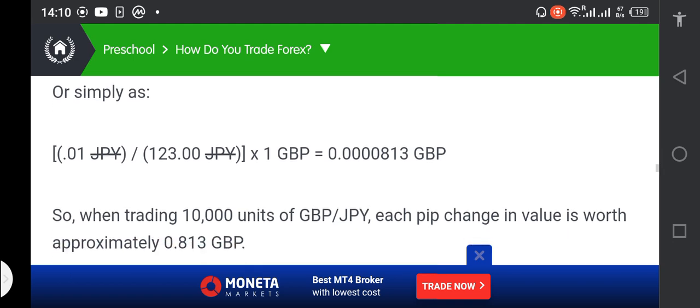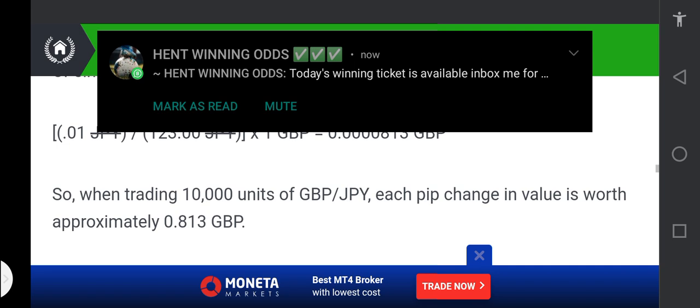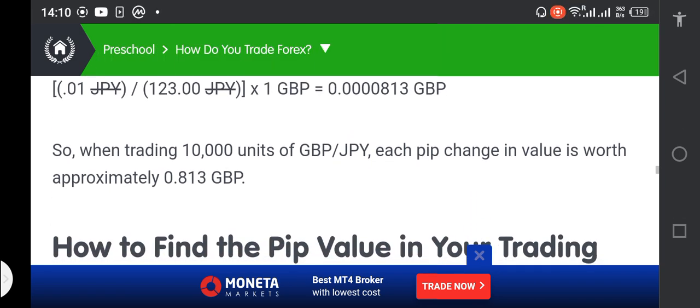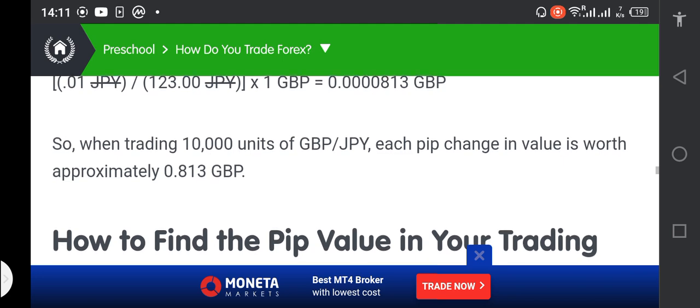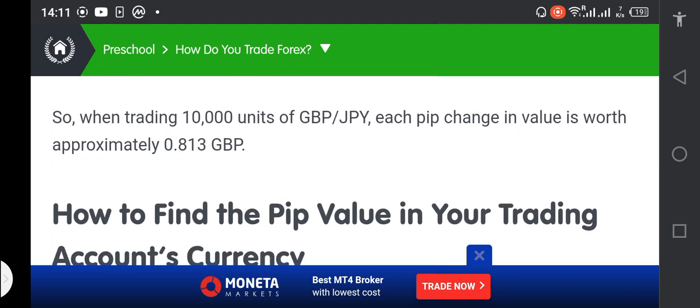So that is the particular pip and lot size calculation. When trading 100,000 units of GBP against JPY, each pip change in value is worth approximately 0.813 GBP.